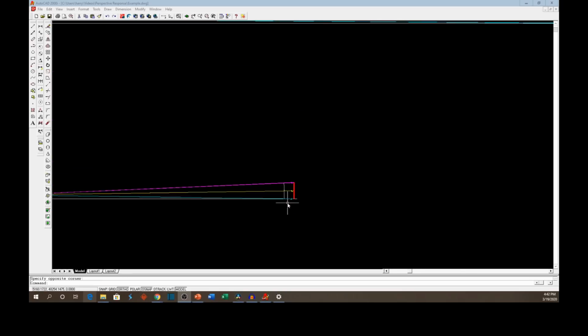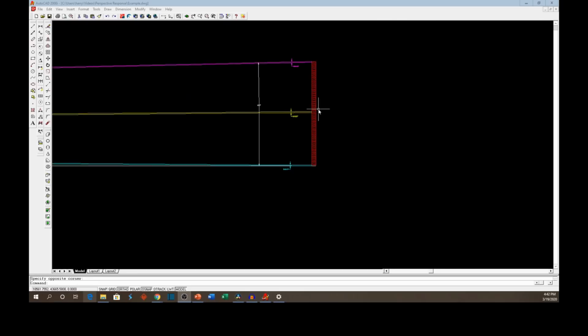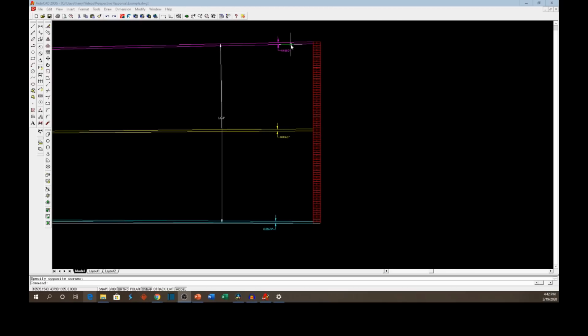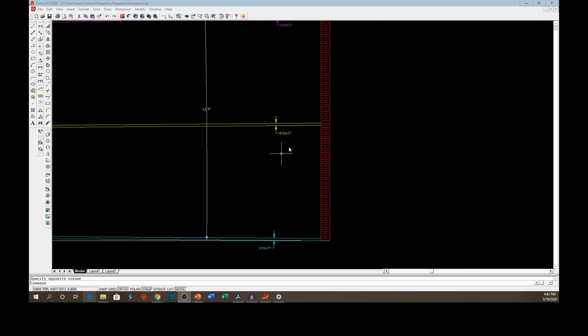What happens if he backs away? Same drawing, same height observer, same brick wall. Well, the angular size of the wall is still 1.63 degrees. It's still totally resolvable. Now we've got a problem though. The individual bricks have dropped in angular size to 0.0163.